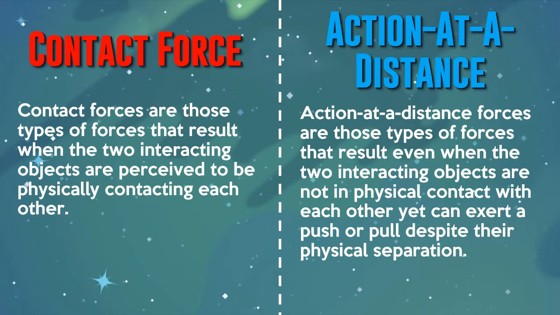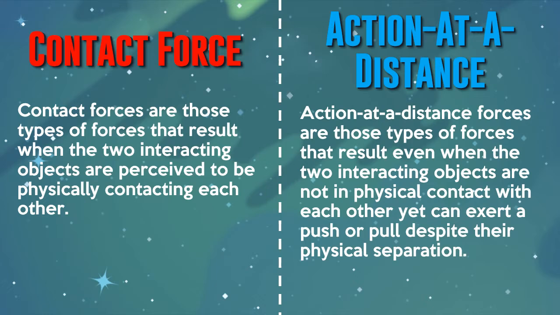So there are two types of force, namely contact and action at a distance force. For simplicity's sake, all forces of interaction between objects can be placed into these two broad categories. Contact forces are those types of forces that result when two interacting objects are perceived to be physically in contact with each other.